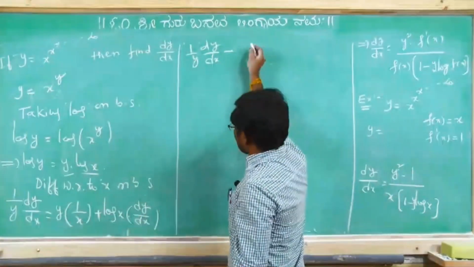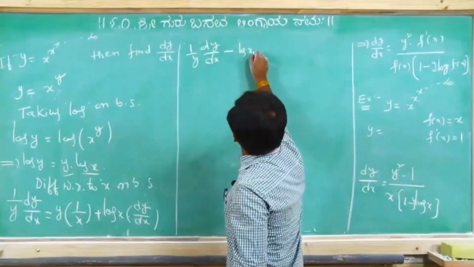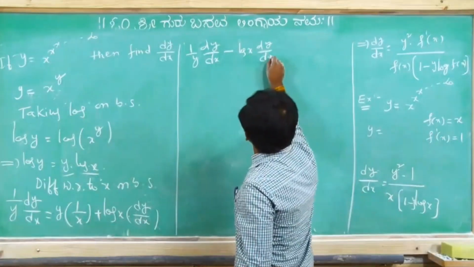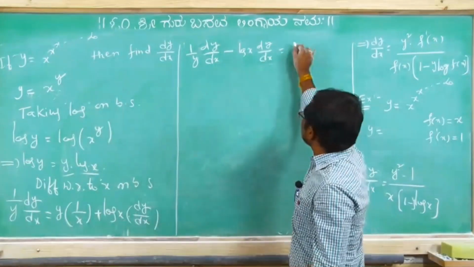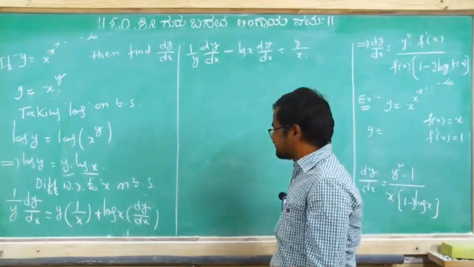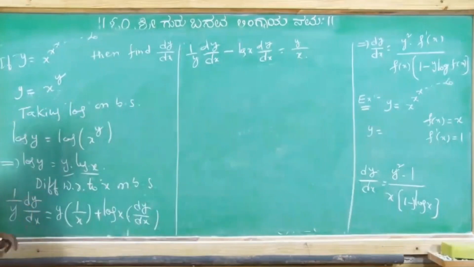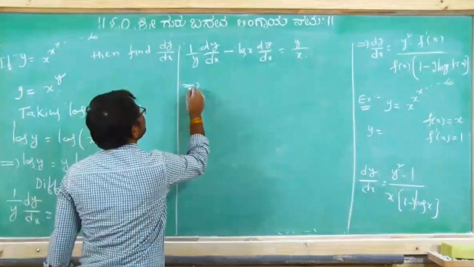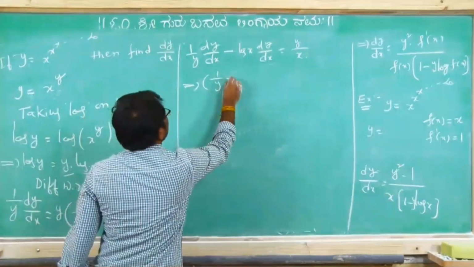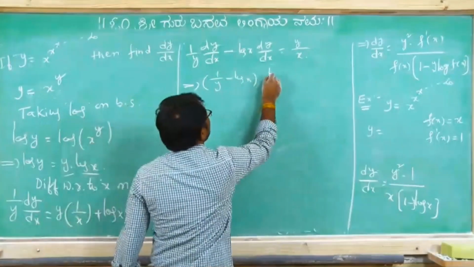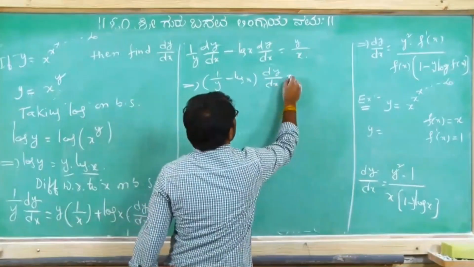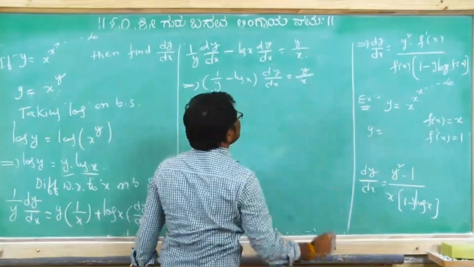Now, minus log x into dy by dx equals, what is remaining? y by x. So what I am doing is taking the 1 by y dy by dx term to this side. That implies 1 by y minus log x, into dy by dx, equals y by x.